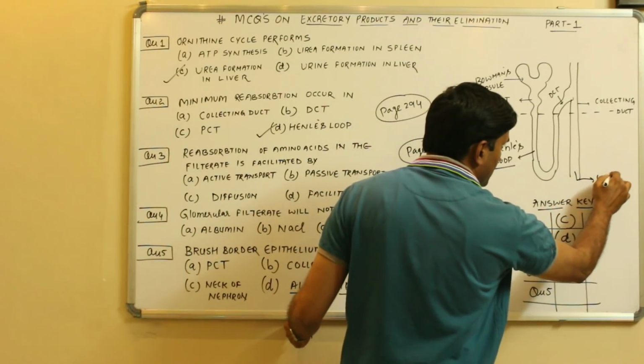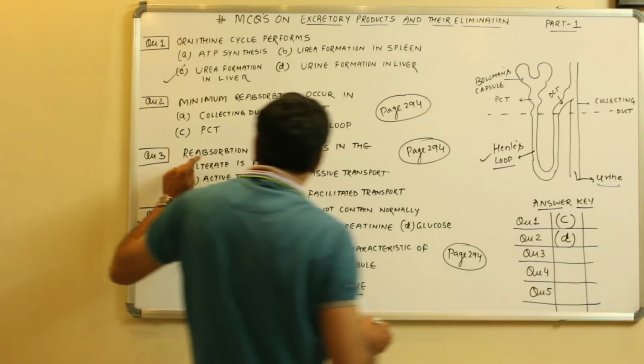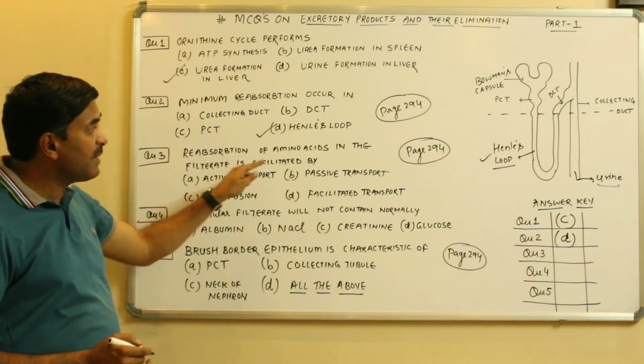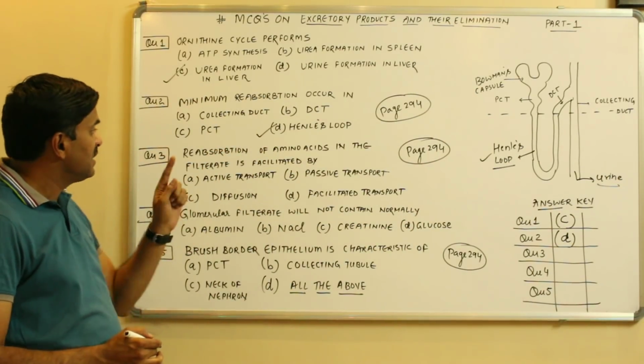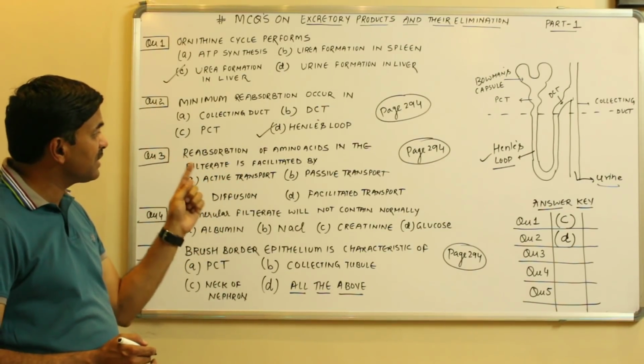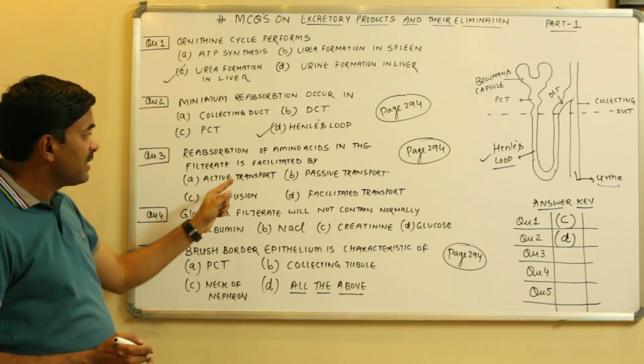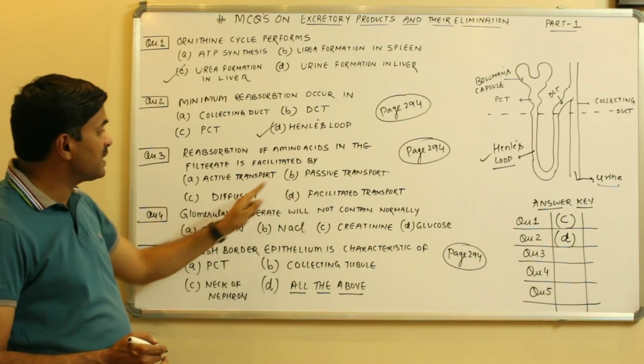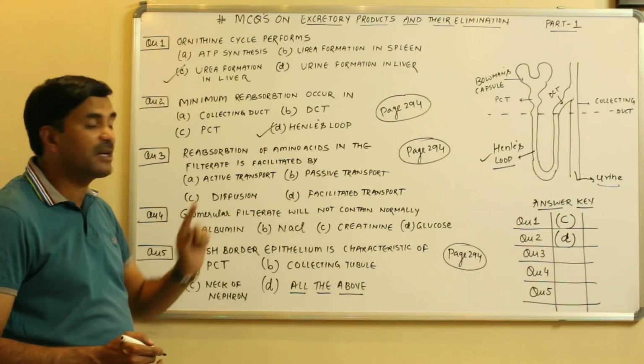So he is asking that reabsorption of amino acids in the filtrate is facilitated by active transport, passive transport, diffusion, or facilitated transport.